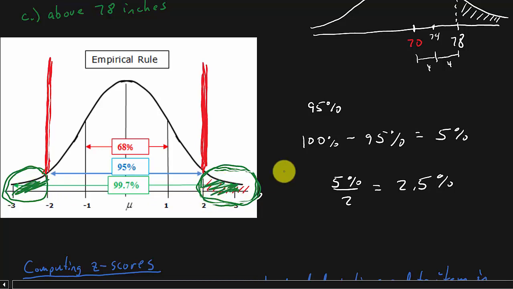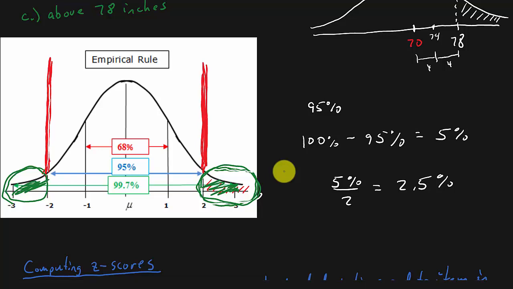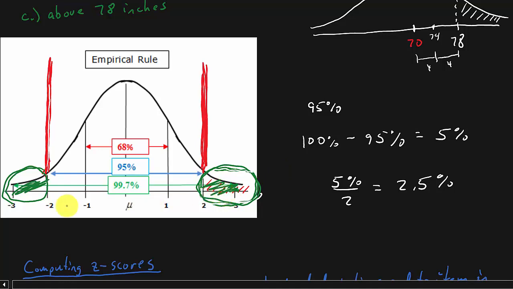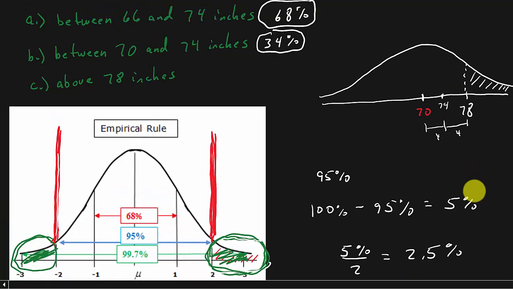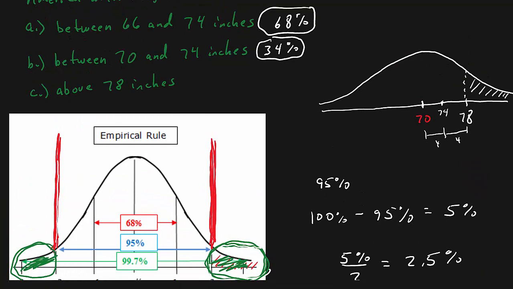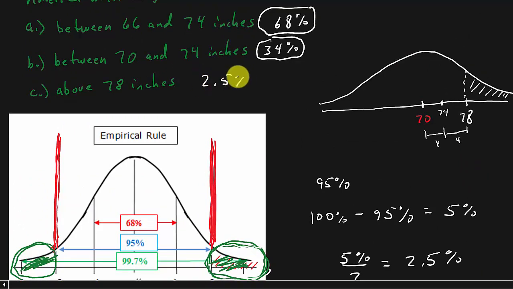And that will make more sense later on in the next lesson. But anyway, that's what it is. I mean, you've got to draw this thing out and reason it out, and it will get easier and easier as you work the problems. But for this problem, that's going to be 2.5% of the men are above 78 inches tall.